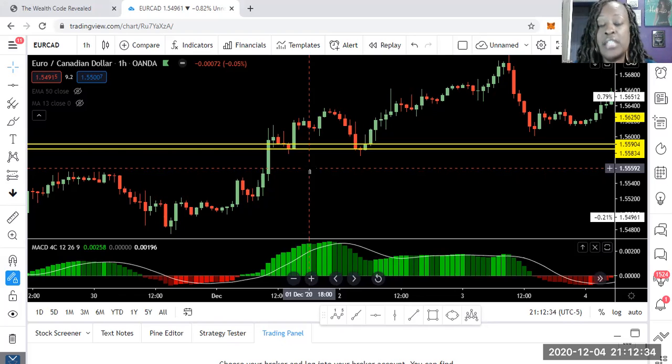So the key is to make sure you don't over leverage your account, so that when you do get caught in a drawdown or what have you, your account can handle the swing. If you are in a trade, my friend, and the trade goes against you, it pulls back and you start having heart palpitations, your lot size is too large.